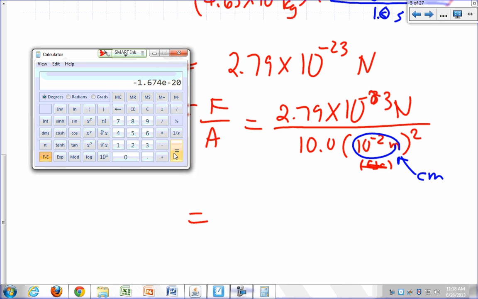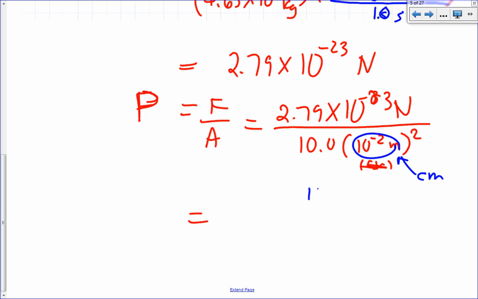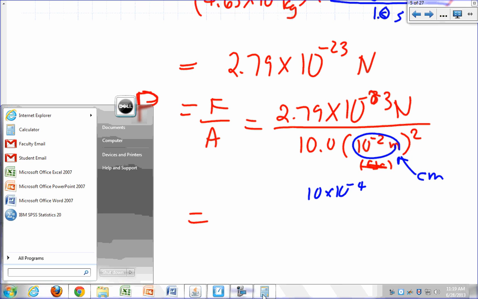Oops, what happened? Let's try that again. 2.79 times 10 to the negative 23rd divided by the area. Let me do this manually. This is 10 times 10 to the negative 4 in the denominator.